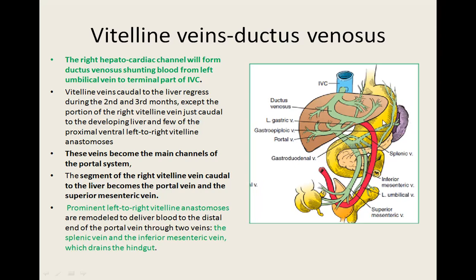So this anastomotic channel between the right and the left vitelline vein will form the splenic vein and the inferior mesenteric vein, whereas the right vitelline vein will form the terminal portion of the portal vein and the superior mesenteric vein. This is how the portal system will form, which will be told to you in detail. And this is the ductus venosus, the hepatocardiac channel, formed to shunt the blood from the left to the right side.